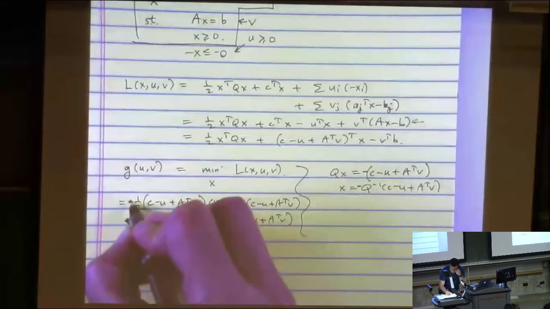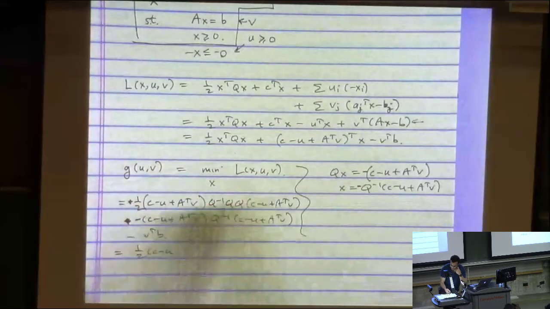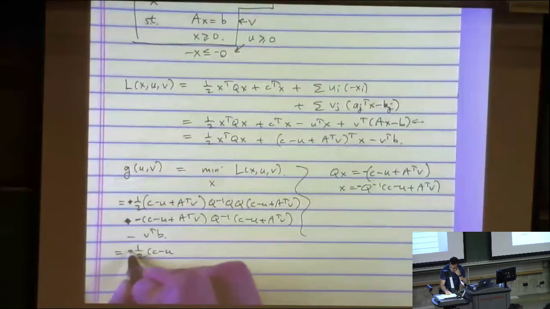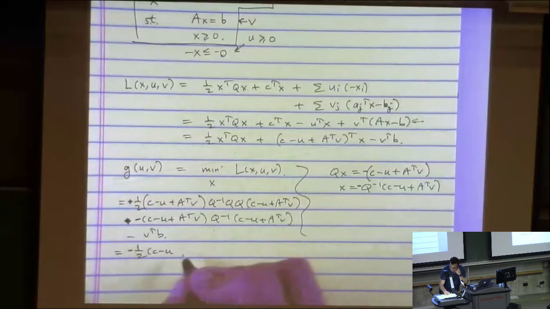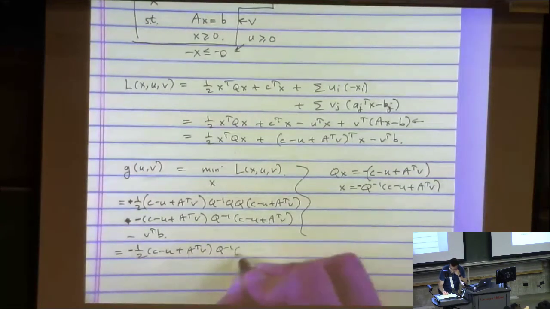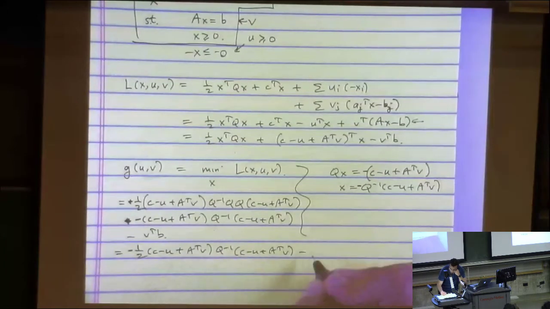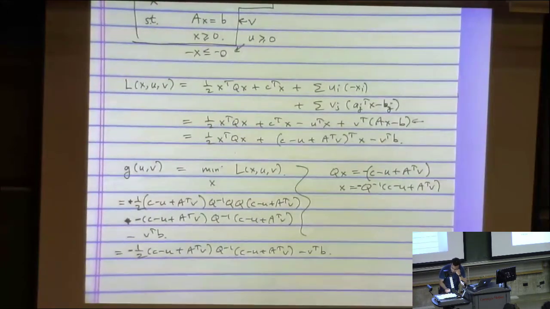Yes, thank you. There were two negatives that canceled, one negative doesn't cancel. So it's going to be in total negative 1/2 (c minus u plus A transpose v) times Q inverse (c minus u plus A transpose v) minus v transpose b. Okay, so that's the Lagrange dual function.